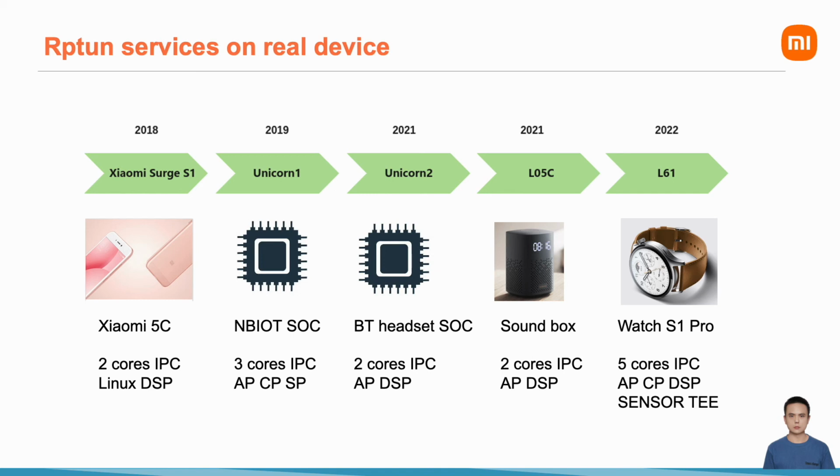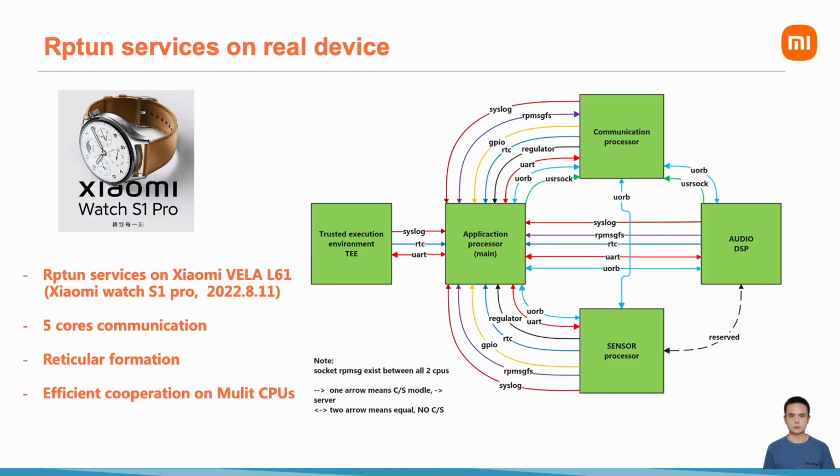This year, a few days ago, we published Xiaomi Watch S1 Pro. It has 5 cores IPC: application processor, communication processor, DSP, sensor, and TE. Okay, let's see the detail.